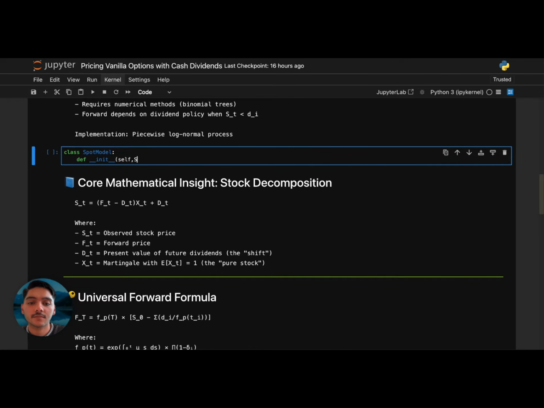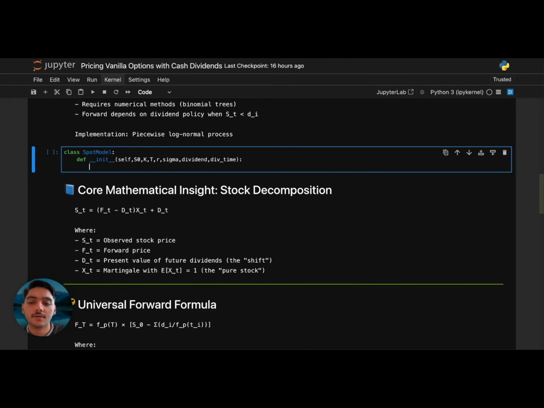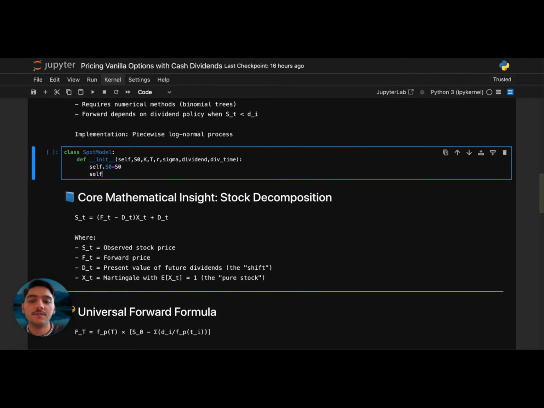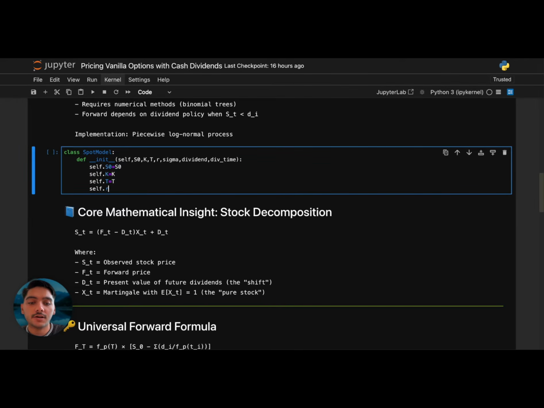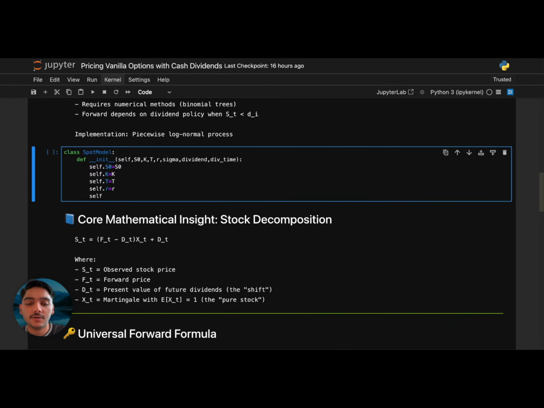self, S0, K, T, r, sigma, dividend, dividend time. self.S0 is equal to S0. self.K is equal to K, and self.T is equal to T. self.r is equal to r. self.sigma is equal to sigma.